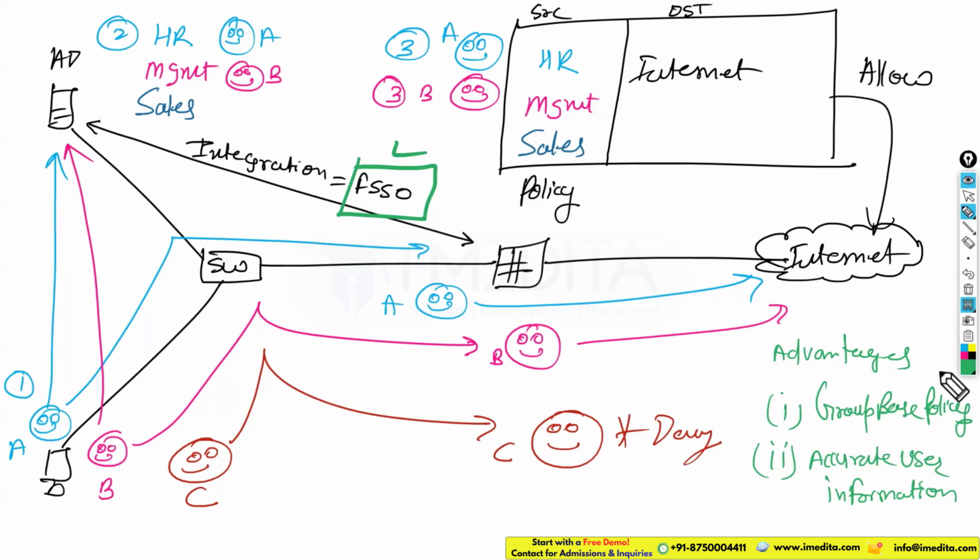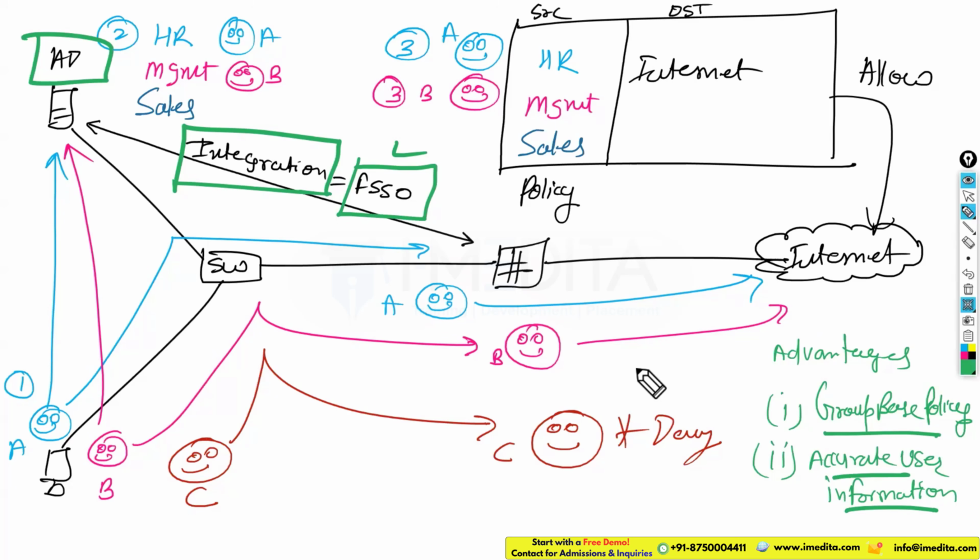So when we do integration of Microsoft AD with the FortiGate firewall, that is called FSSO. Purpose of this integration: group-based policy and accurate user information. If we want these things, we can do it. Otherwise, no need for this headache. So this is our FSSO, Fortinet Single Sign-On.